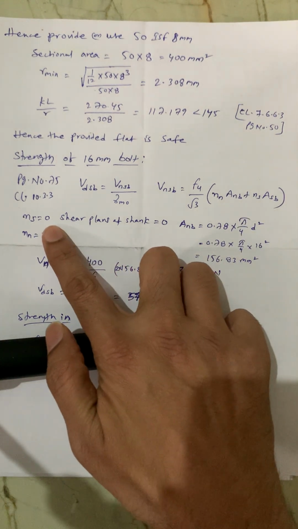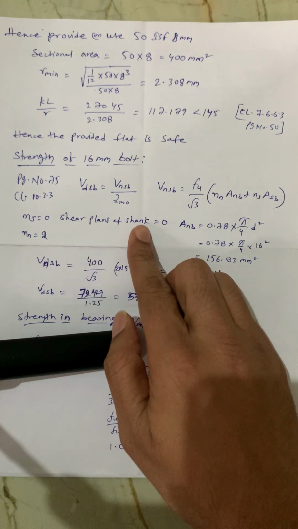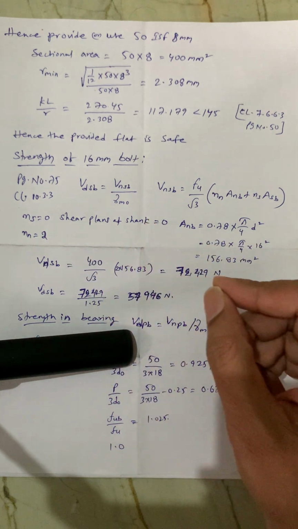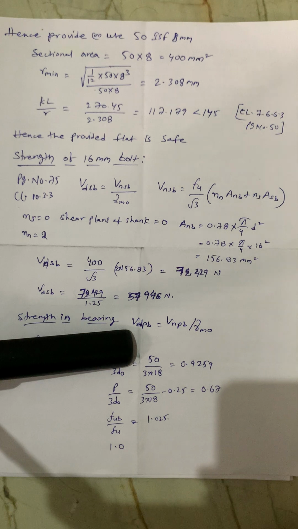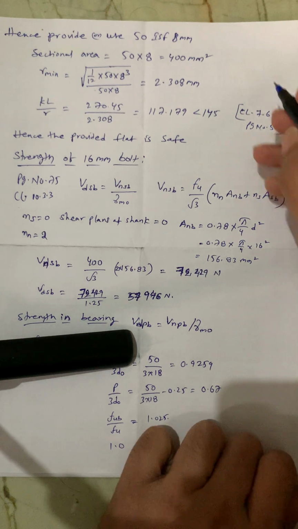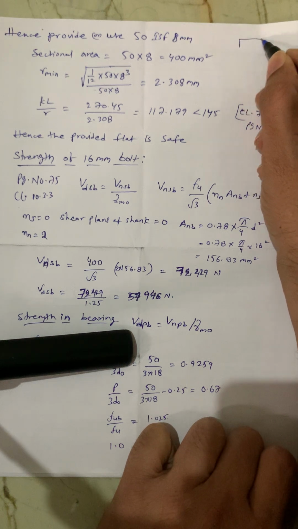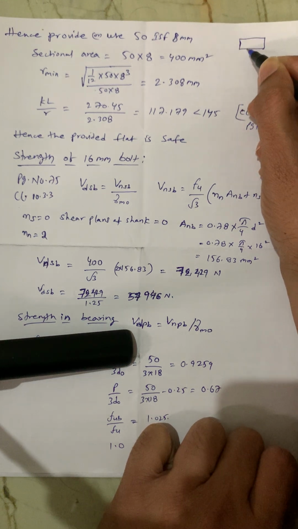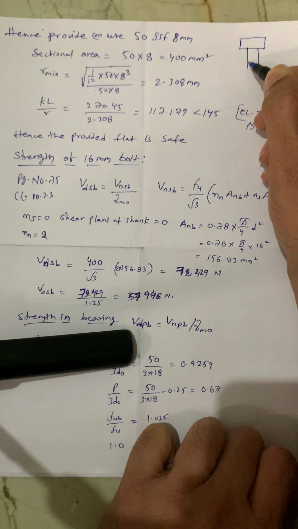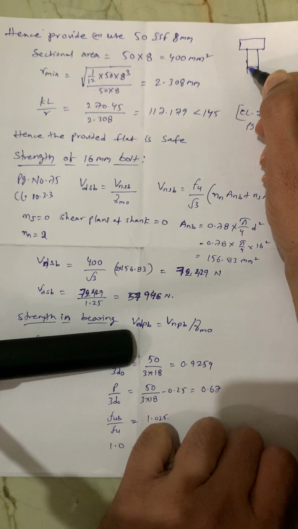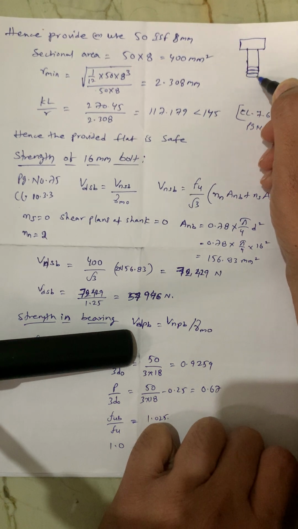So NS is nothing but shear planes at shank. Shank means when there is a bolt, the threaded portion is also there. So bolt and nut. For example, this is the bolt. This is the plain portion and this is the threaded portion.